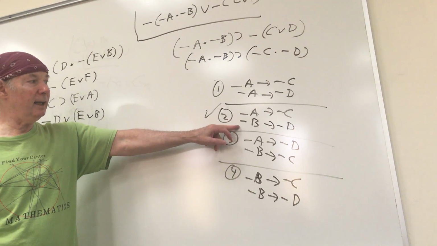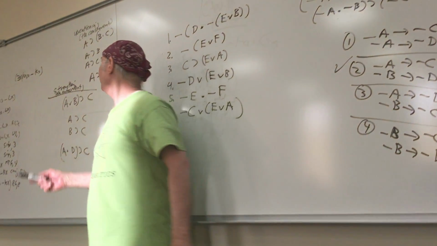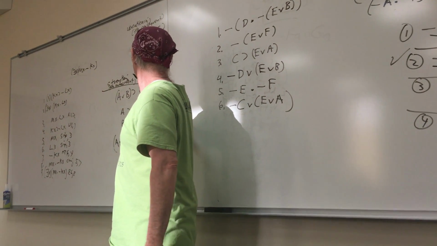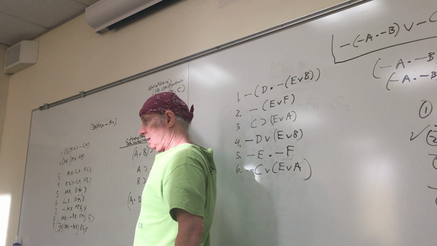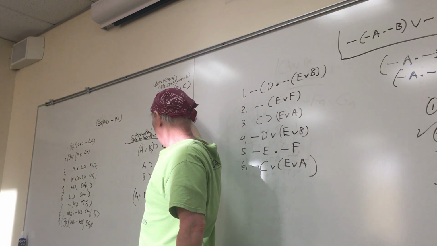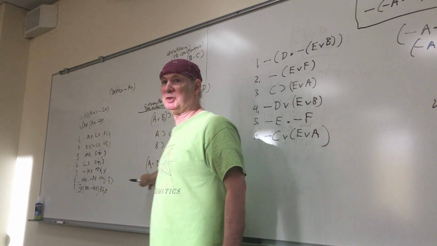So once we connect C with A and D with B, then we can create a conjoined consequent and create a conjoined antecedent.